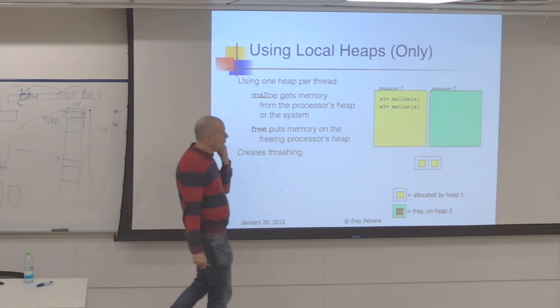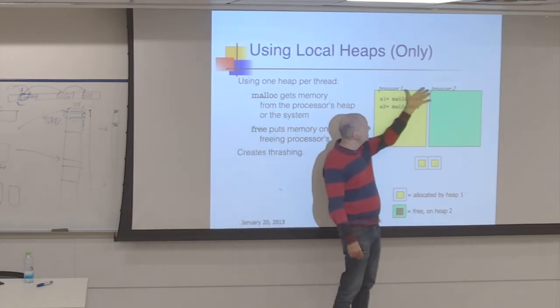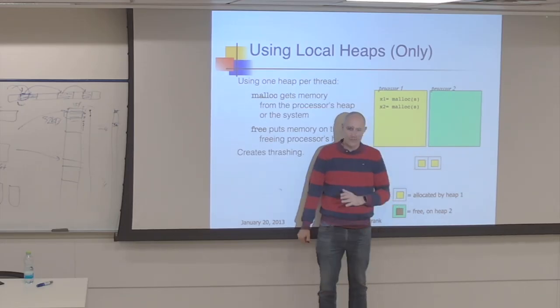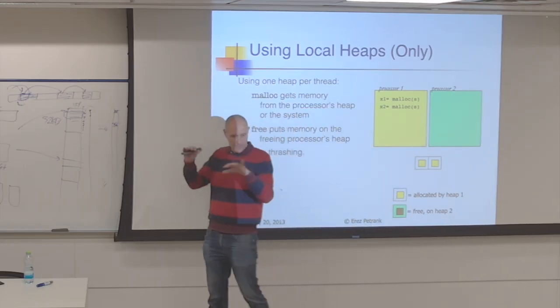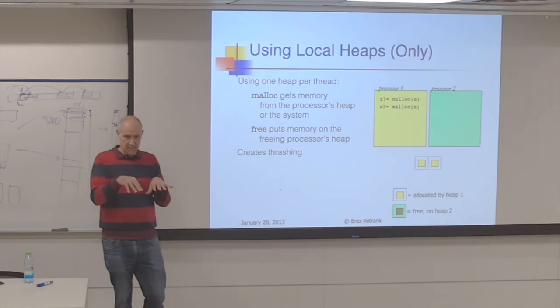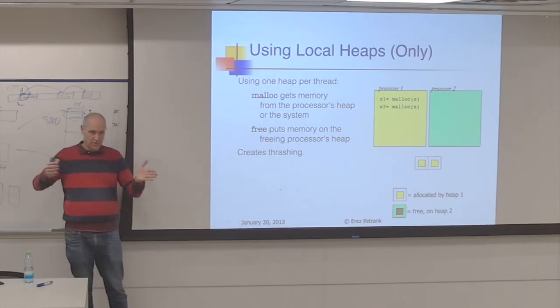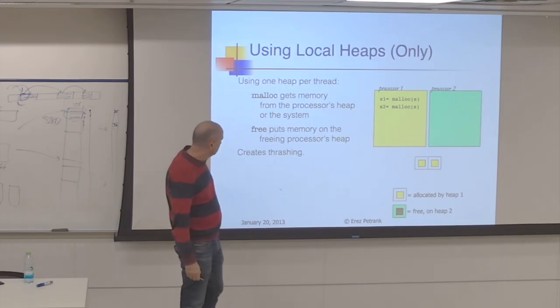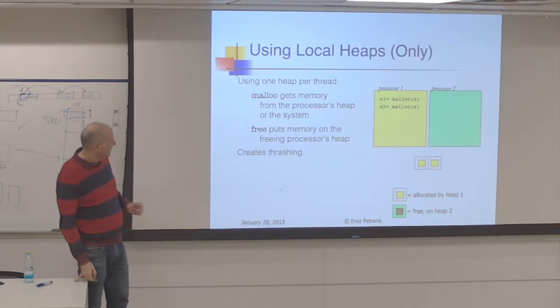Since you have some private heap, you're sure that no two threads are going to allocate on the same line if the heaps are not sharing a line, like they're aligned to line length.